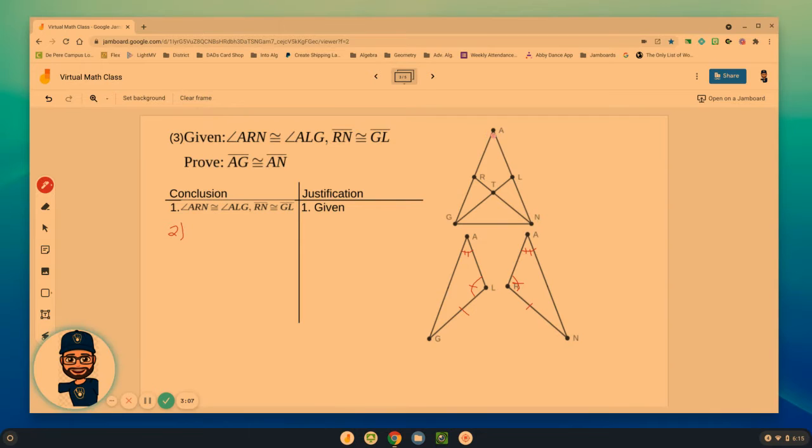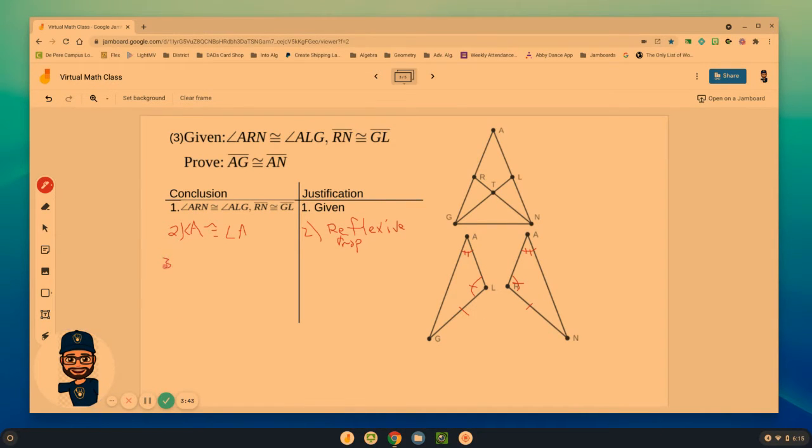It's the exact same angle, and we can say angle A is congruent to angle A. Anytime we're saying something is congruent to itself, that is the reflexive property. Anytime you have these overlapping triangles, we're probably going to use something like reflexive, because something has to be congruent to itself.